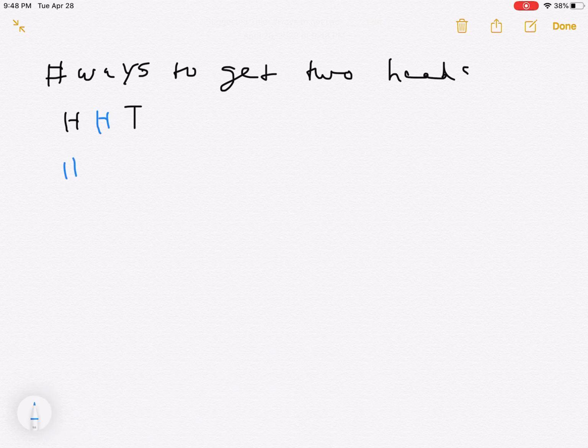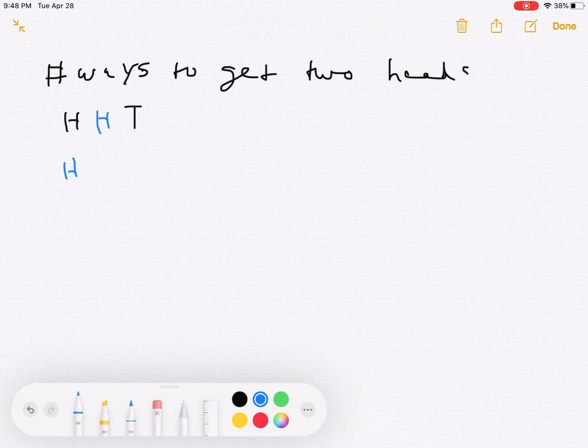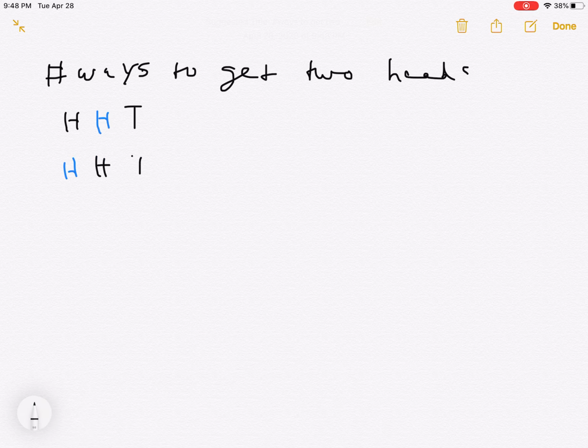Head. That's exactly the same outcome as this. Heads, heads, tails. Now, if I was to do a permutation, I'd distinguish the blue from the black heads. I don't care about distinguishing those 2 outcomes. So in essence, the order of the heads does not matter.